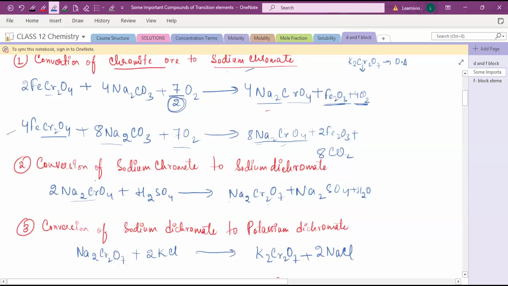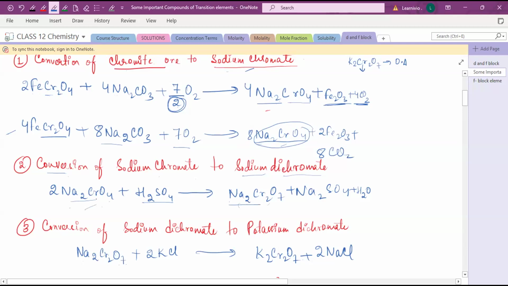Now see the second step. There will be a conversion of sodium chromate to sodium dichromate. Again there is a redox reaction. When you do the acidification reaction, adding acid to sodium chromate gives sodium dichromate. Na2CrO4 is sodium chromate.